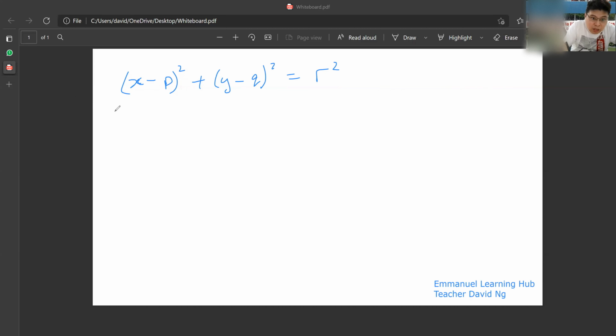I expand this. So general form would look like this.